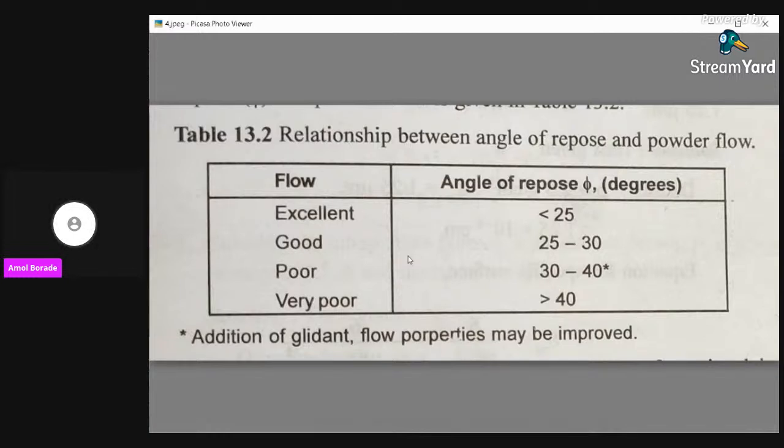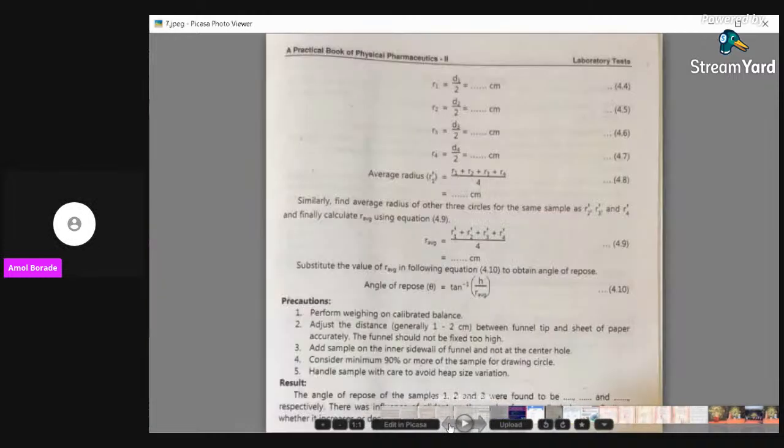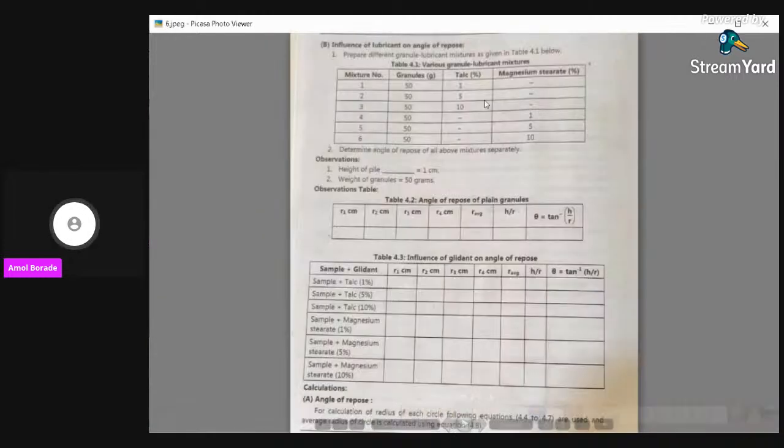One batch is purely granules, the second batch is granules plus 1% talc, another batch is granules with 5% talc, another is granules with 10% talc, another is granules with 1% talc and 1% magnesium chloride, and another is granules plus 5% magnesium chloride. Every time we have done it with different batches.